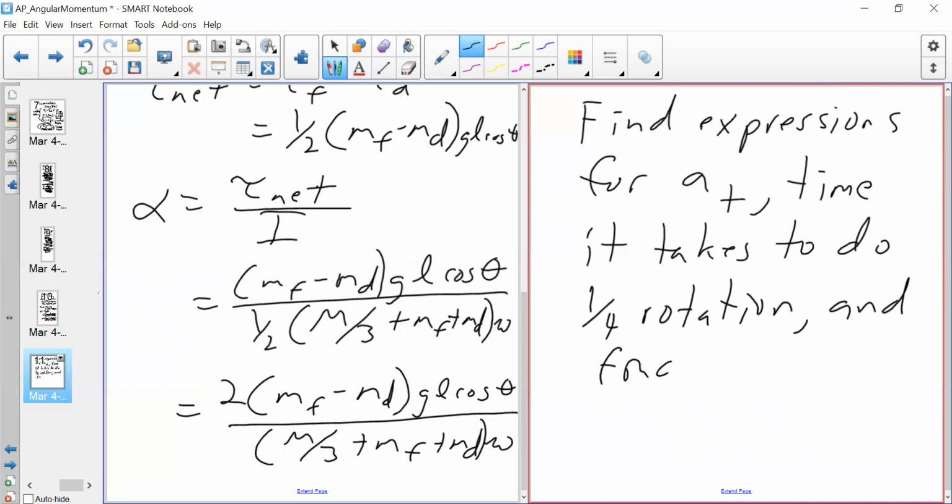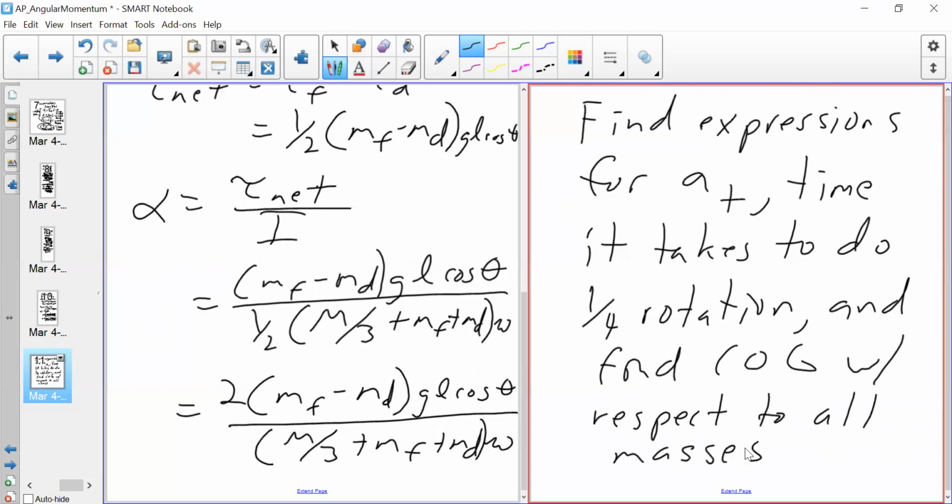And let's find the center of gravity, which is the same thing as center of mass. Probably go back to chapter 9.5 for the formula for that, to find the center of gravity with respect to all masses. So you guys stay there and work these expressions out in maybe 15 minutes.